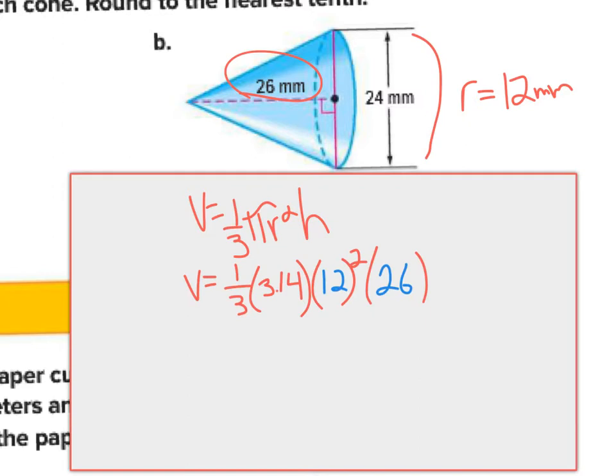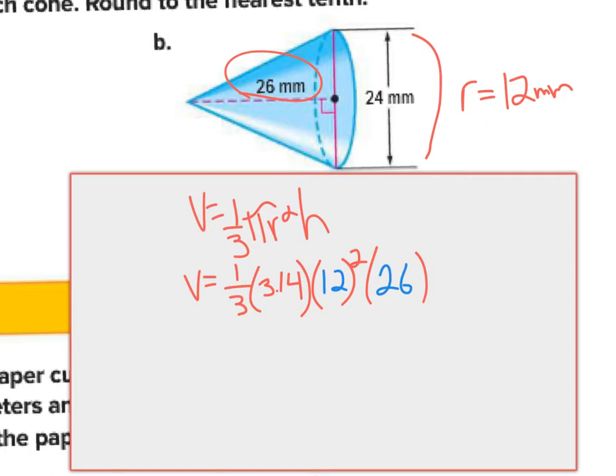So we have replaced our variables in blue, and we have to use order of operations. So first we solve for the exponent, and 12 times 12 is 144. So this right here is 144. So we have 1/3 times 3.14 times 144 times 26 equals. Obviously you can skip a line, but you know what? I'll insert the other line just for the sake of doing it.